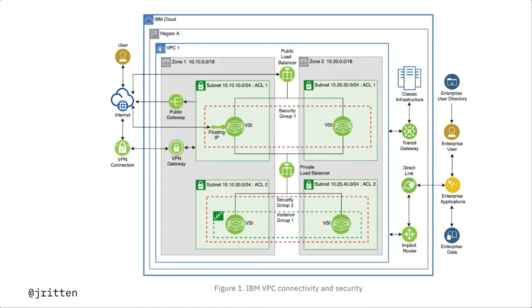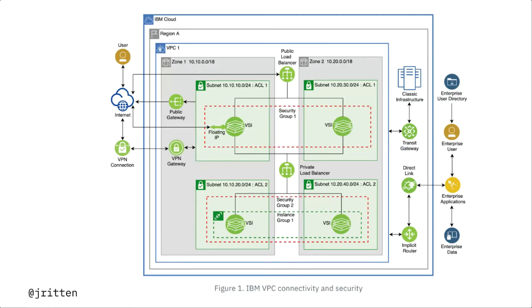For people who don't know about VPC, I'll give an overview of this diagram. On IBM Cloud, we have the cloud as a whole, and we have regions in different locations. You would have a region in East Coast, West Coast, and even in Central.